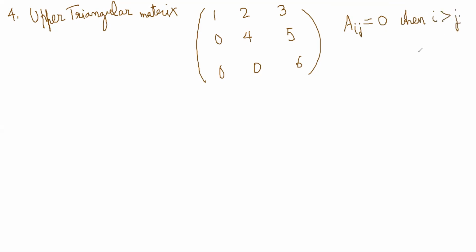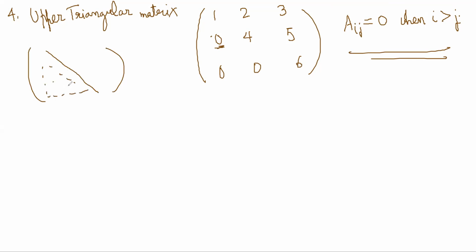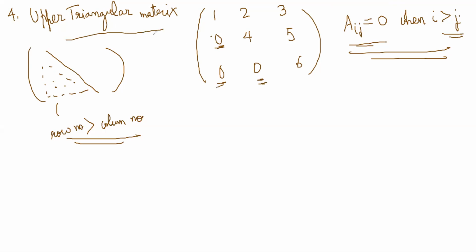When i is greater than j, the row number is bigger than the column number. Row number is bigger than column number in this half. So whenever row number is greater than column number, the matrix entries are 0.